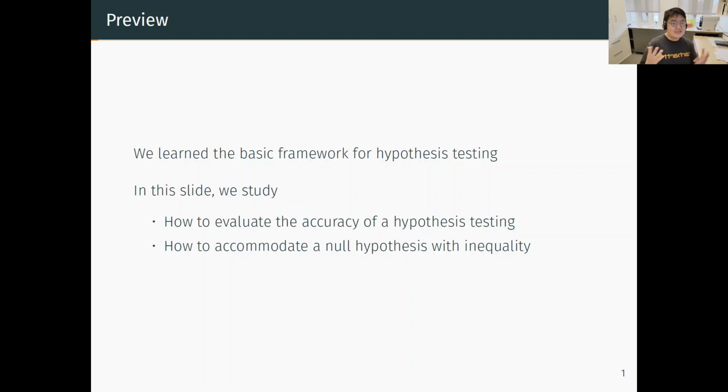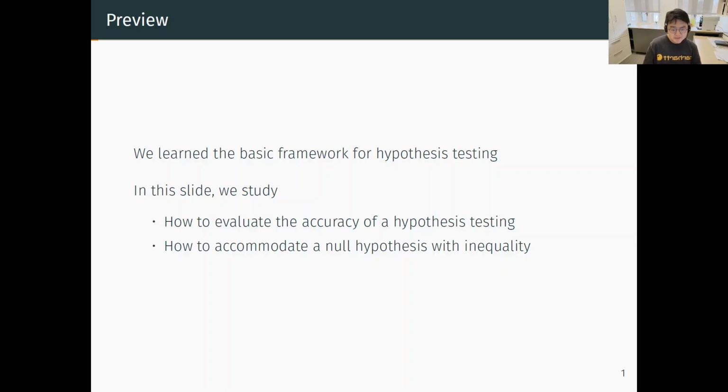In statistics, it's always very important to evaluate your own accuracy, right? Because we have to live with our random errors. So we need to think about the probability of potential errors. We are going to discuss that in the first half of this chapter.